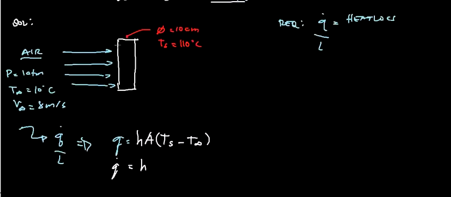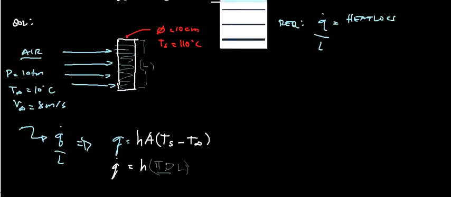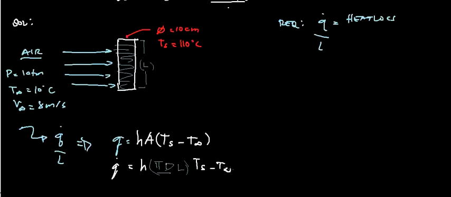the surface area of this pipe, which is given by pi d times its length, right? To determine the surface area, we have pi d times length of this pipe. Then (Ts minus T fluid).